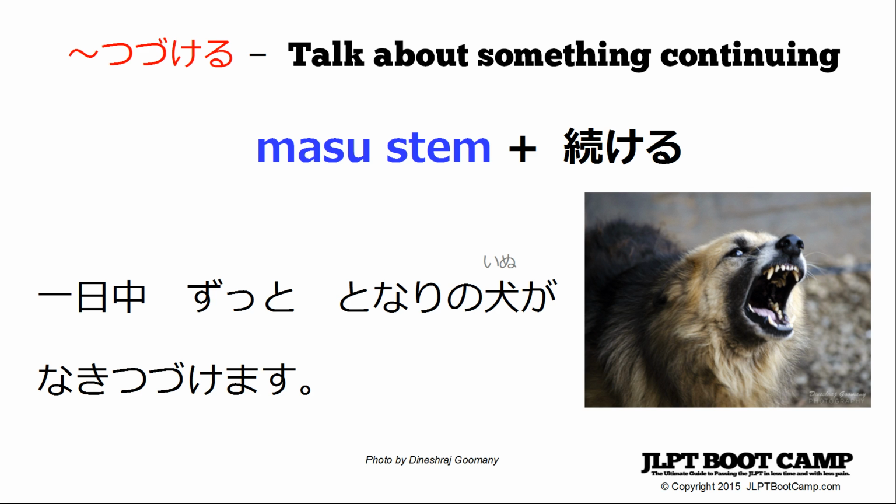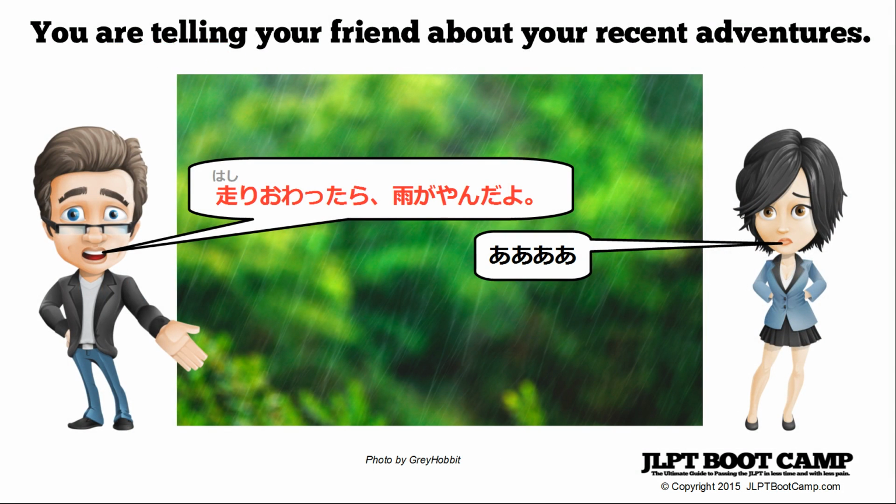And pretty simple, no-brainer. There aren't a lot of exceptions or rules to keep in mind with this. You just need to add the masu stem to the front and tsudukeru at the end there. So again, to finish off your story, you finally get home, and so you say hashiri owattara ame ga yanda yo. So I finished running.